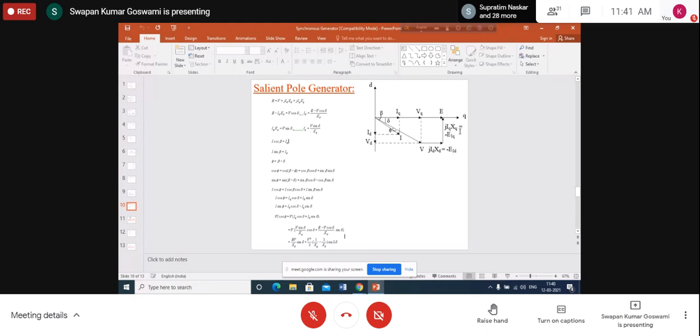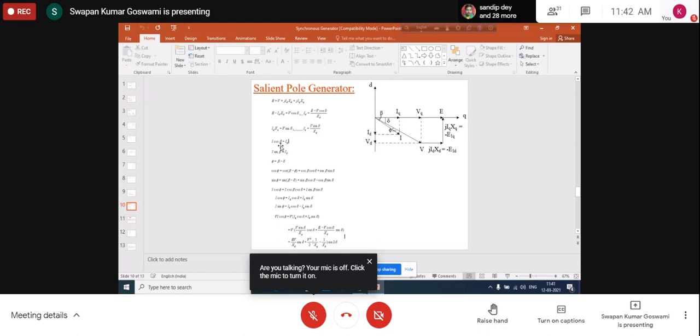J represents its direction with respect to IQ. So IQ XQ becomes equal to V sine delta. So IQ equal to V sine delta by XQ. So these relations for ID and IQ we can find out.